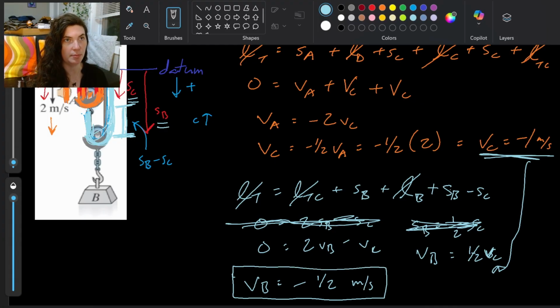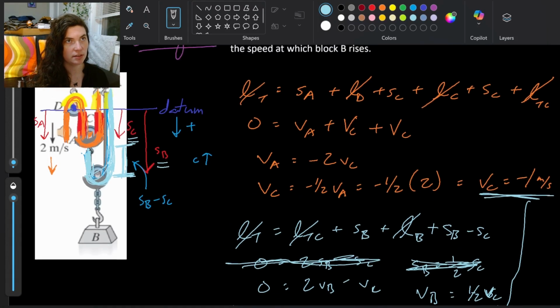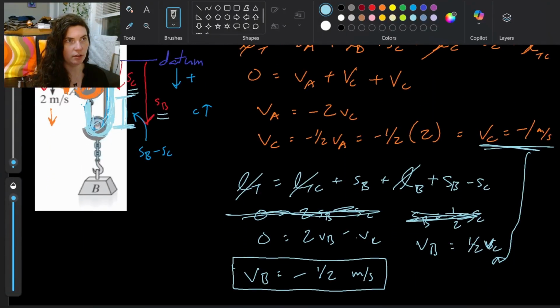That's our velocity at B. You see, we're going 1/4 the speed that A is pulling with. A is being pulled down at 2 meters per second, whereas B is being pulled up. Again, our negative direction is up. I know it feels counterintuitive, but that's the way our datum is set up.